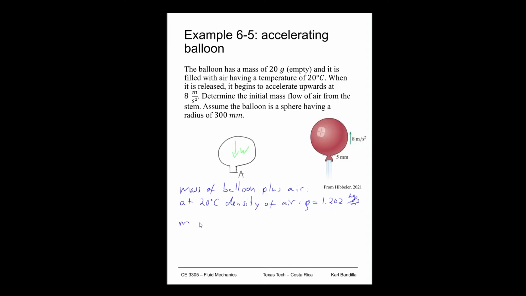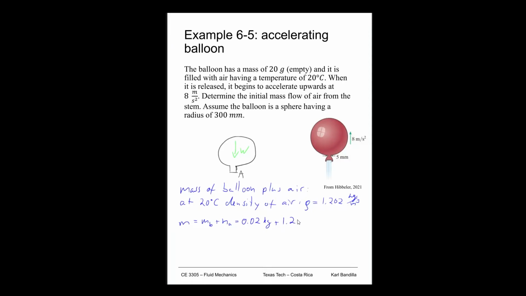So we can say mass is equal to mass of just the balloon plus the mass of the air. Mass of balloon we're given as 20 grams, so that's 0.02 kilograms, and then the mass of the air is going to be the volume times the density.